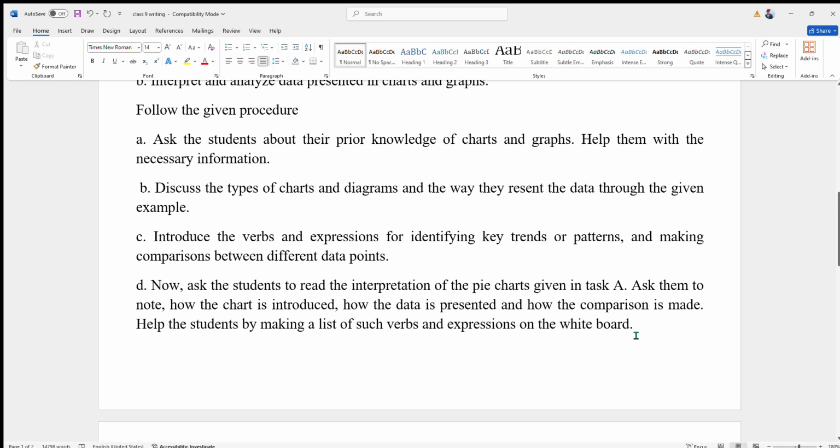Ask them to note how the chart is introduced, how the data is presented, and how the comparison is made. Help the students by making a list of such verbs and expressions on the whiteboard, blackboard, or even the smartboard.